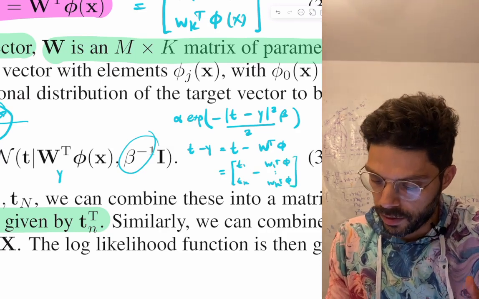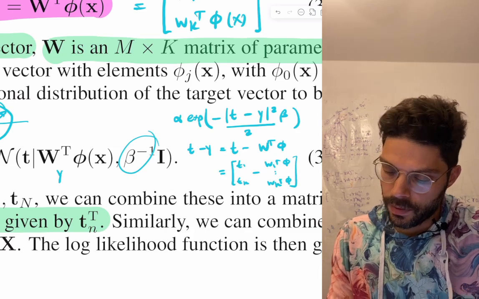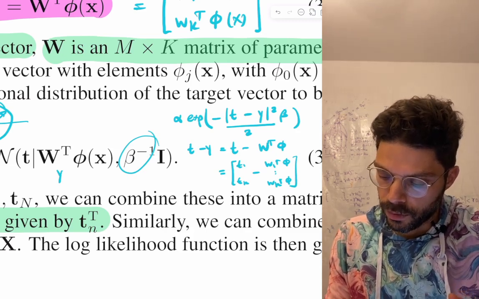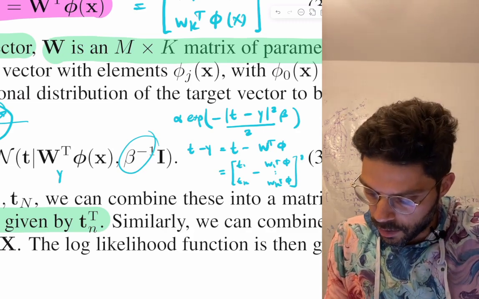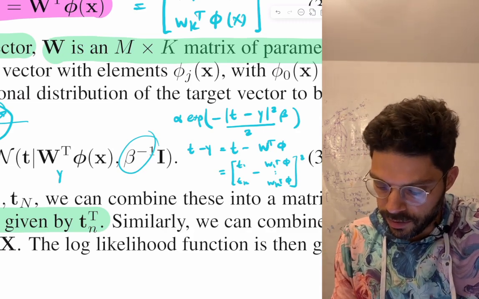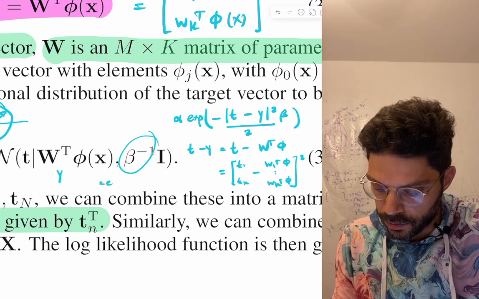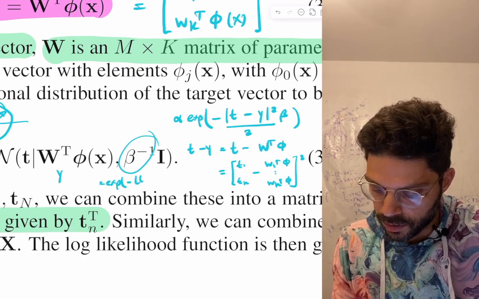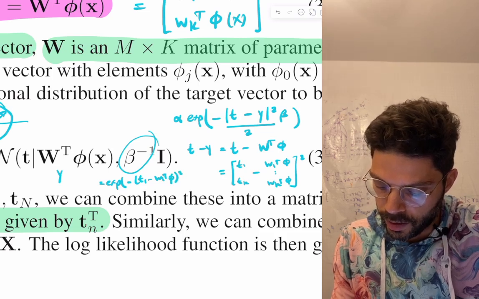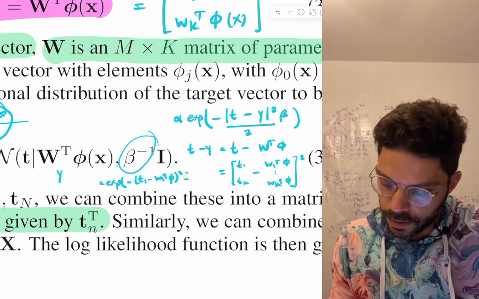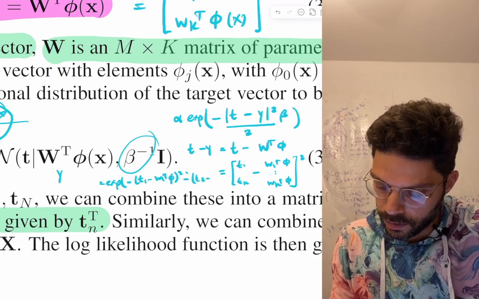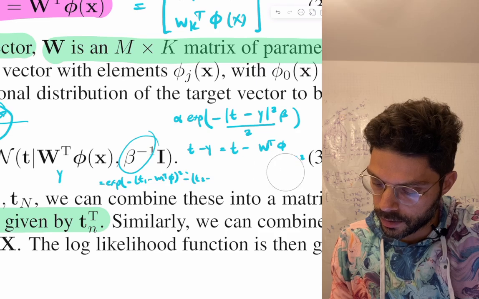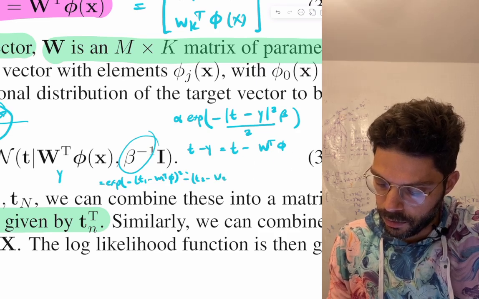Right? And this is all happening inside. So what we do is compute these differences, sum them up, all of that. And so this exponent is going to end up being equal to minus, dropping all the constants, t1 minus W1 transpose phi squared, minus t2 minus W2 transpose phi squared, and so on.